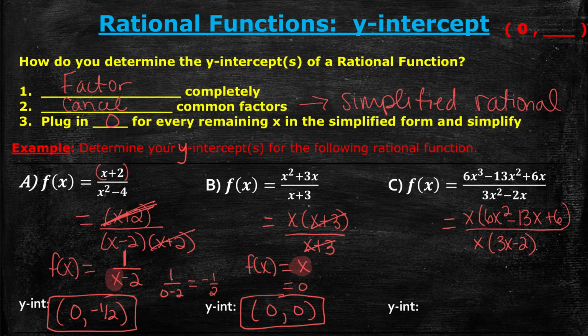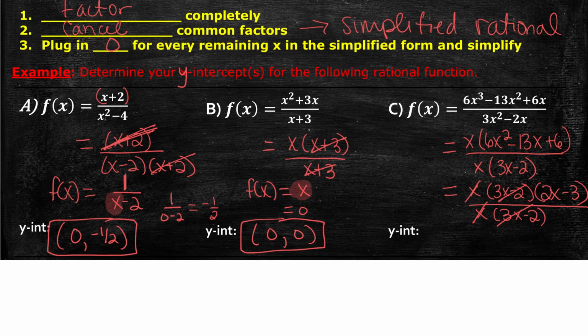Okay, the numerator can factor even more. This factors to be x times 3x minus 2 times 2x minus 3 all over x times 3x minus 2. Okay, so the x's cancel, and so does the 3x minus 2. So I only have left over the 2x minus 3. Okay, so let me get some more room here.